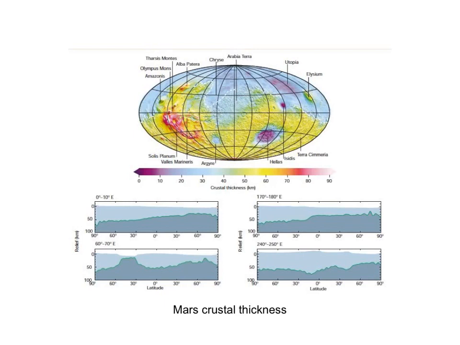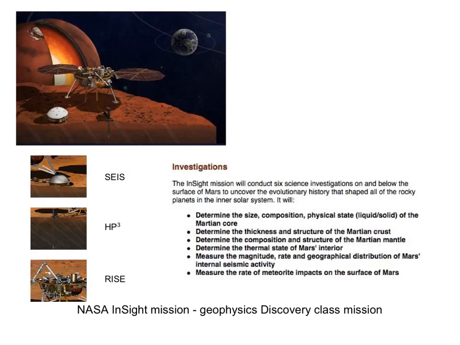You can kind of think about the northern lowlands to be kind of similar to oceanic crust. It's going to be thinner, and these diagrams here just show some of those vertical profiles. So you can see that on average, the crust on Mars, again, it ranges, but on average, it's going to be maybe about 40 kilometers in depth.